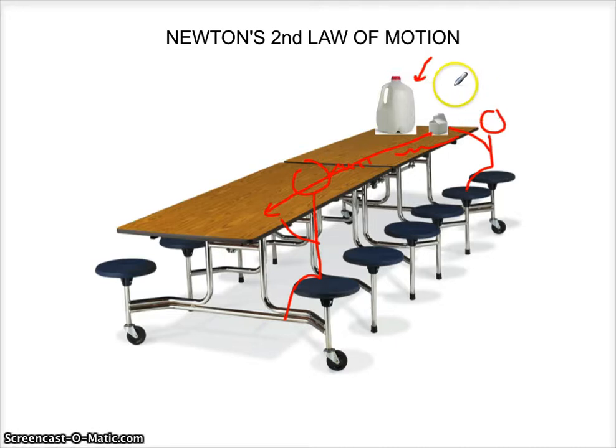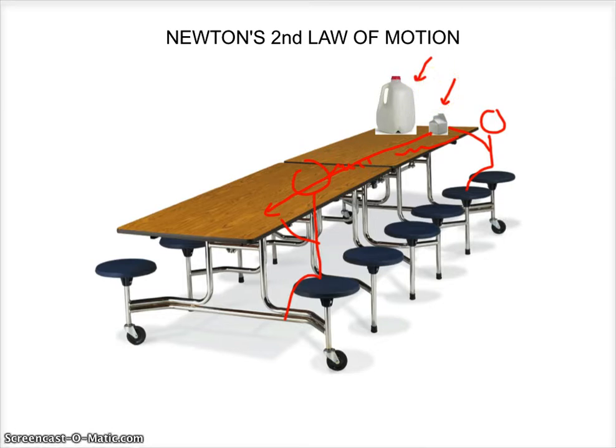The acceleration of an object, in this case a carton of milk or jug of milk, depends on its mass, as you can see the difference here, and the size of the force applied to it.